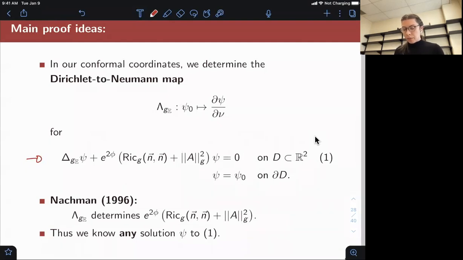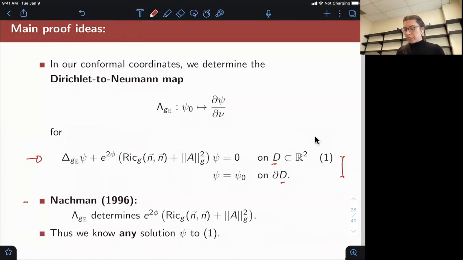And instead of writing this in terms of the metric on the surface, I can use these conformal coordinates to write this in terms of a Schrodinger equation, which sits on the disk. Here I'm denoting a disk by D. From what I showed earlier, we know that the result of Adrian's allows us to take this Dirichlet-Neumann map data and determine this potential on one of my minimal surfaces.